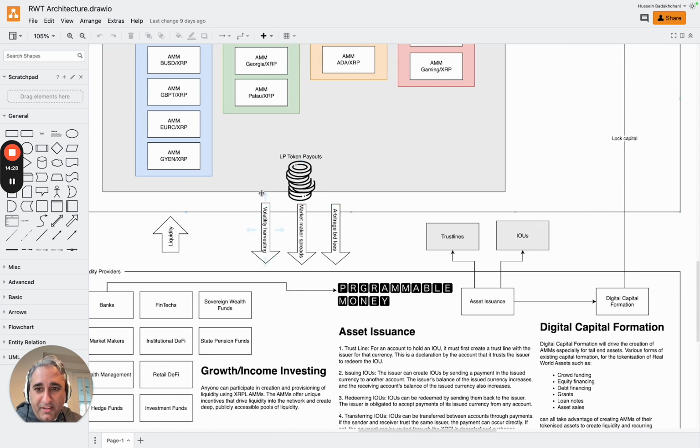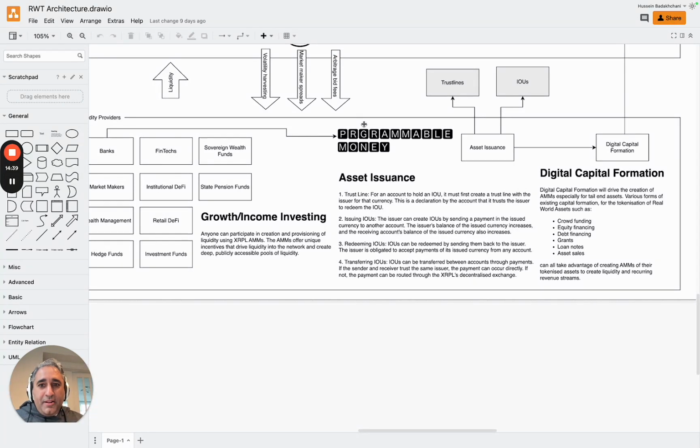Those 3 means of income are volatility harvesting, market maker spreads, and the arbitrage bid fees that are available on the AMM.